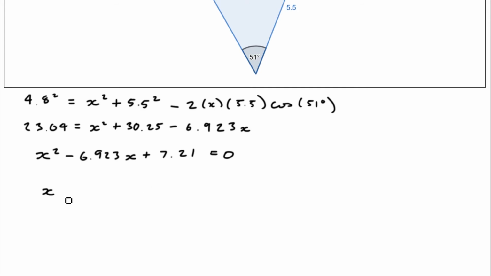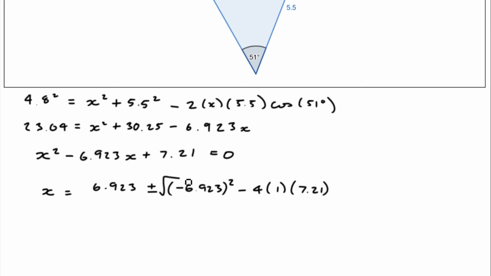So we will have that x is negative b, which is 6.923, plus or minus the square root of b squared, which is negative 6.923 squared, subtract 4 times a, which is 1, times c, which is 7.21.